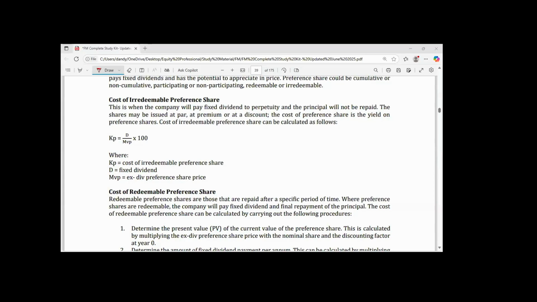That's why it is called irredeemable. The principal will not be repaid.